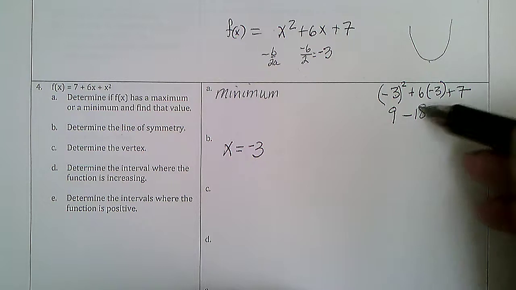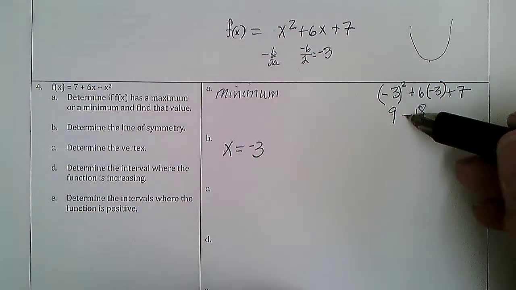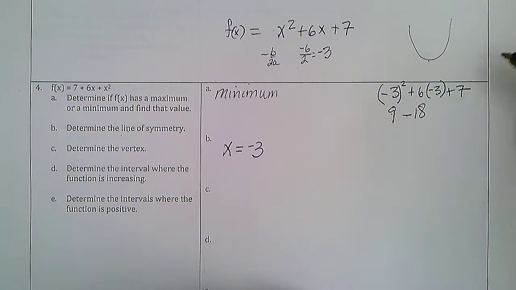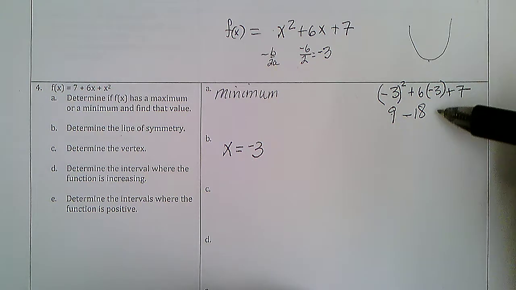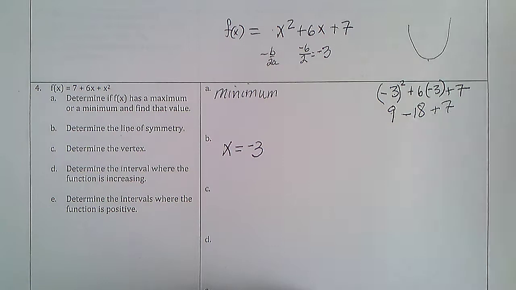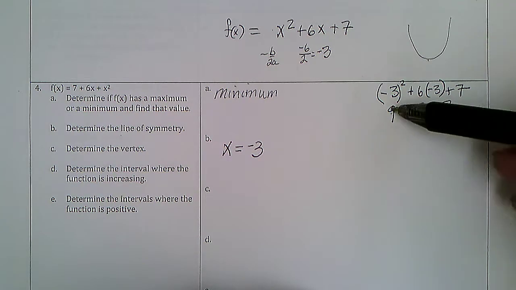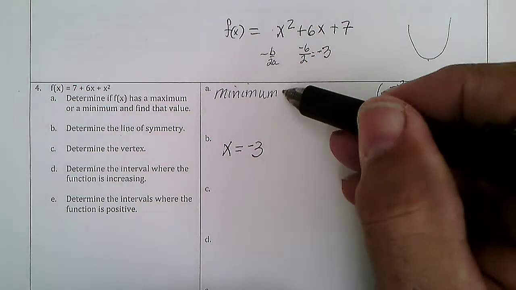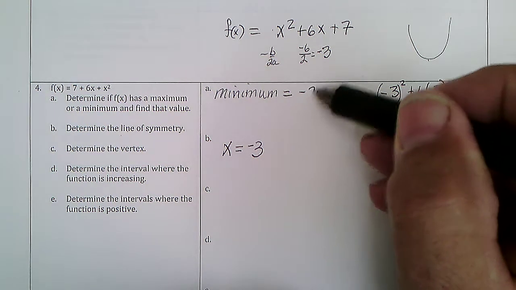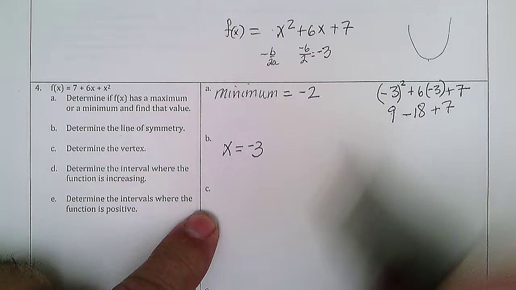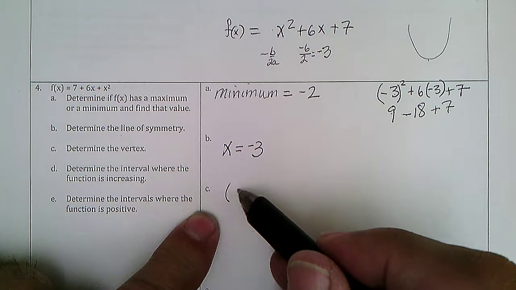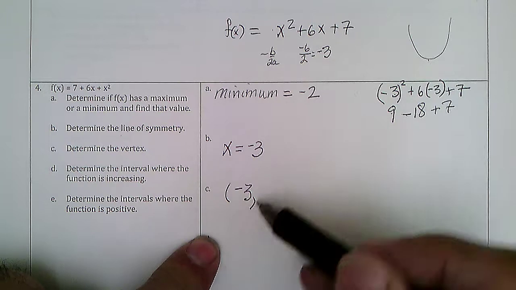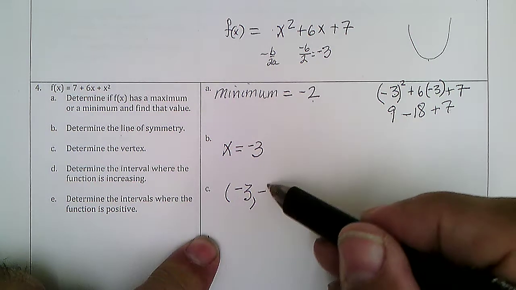Minus 18, notice this is double this, but negative. That's right, that happens when we're at the line of symmetry. Plus 7. So this is 9 minus 18 is -9, plus 7 is -2. So the minimum is -2. The vertex is on the center line, -3, and has the minimum value of -2.